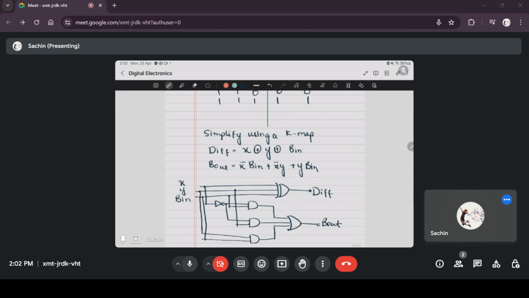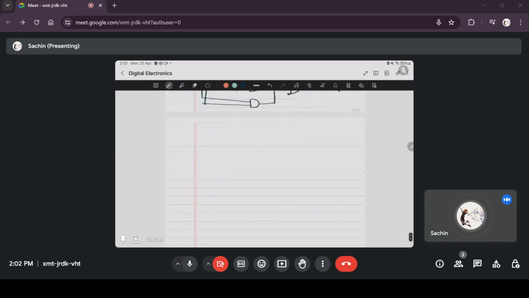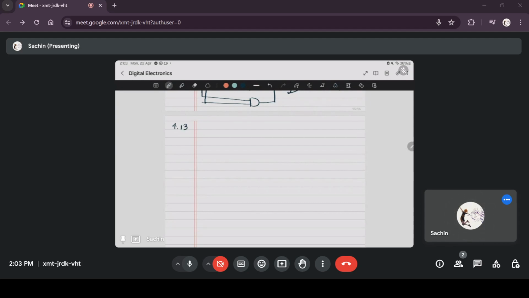So we have completed one problem. We'll move on to the next problem, problem 4.13. Let me write down the problem. From here on out, I won't be reading out the problem out loud.